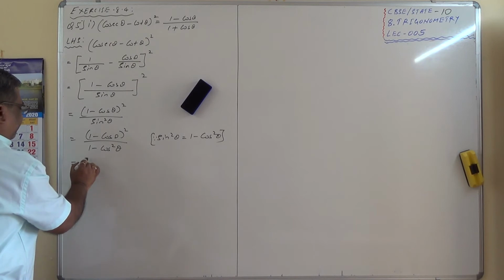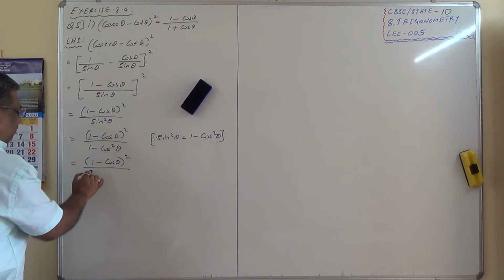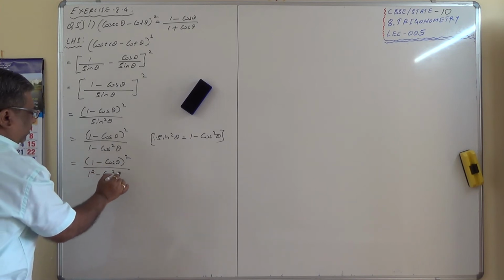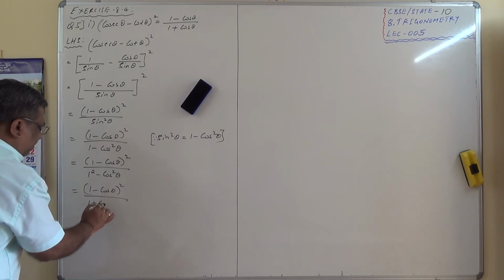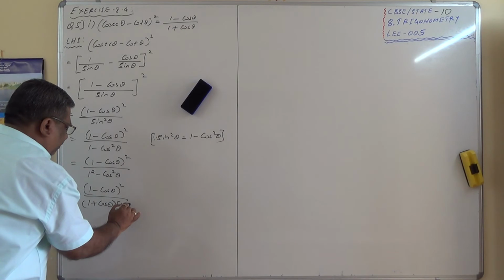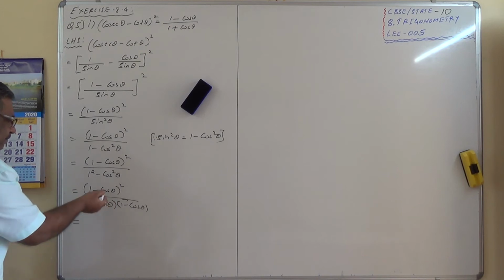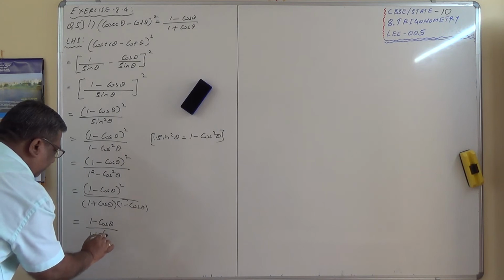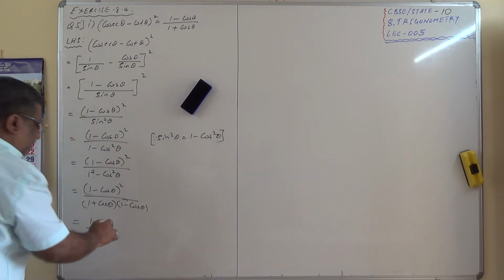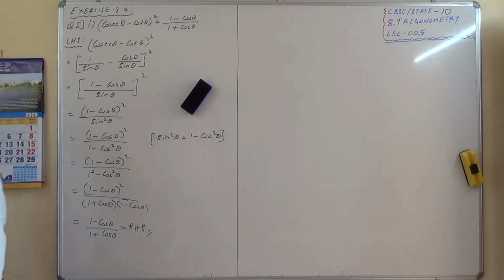So this is 1 minus cos theta the whole square divided by 1 plus cos theta into 1 minus cos theta. One factor will cancel, remaining is 1 minus cos theta divided by 1 plus cos theta. That is what is to be proved, which equals RHS, hence proved. Make a note of this.